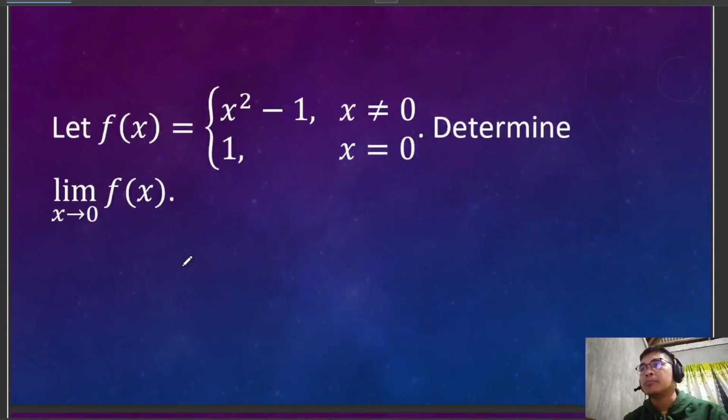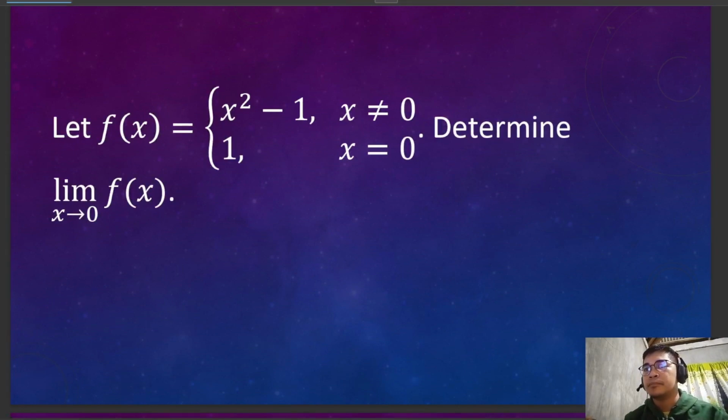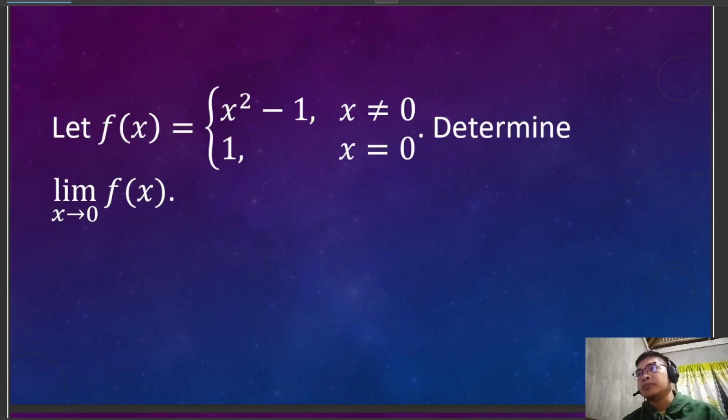Okay? Another example. Let f of x have two values: f of x equals x squared minus 1 if x is not equal to 0, and f of x equals 1 if x equals 0.